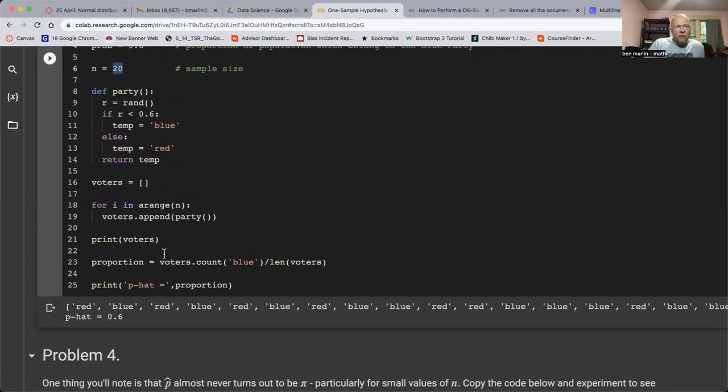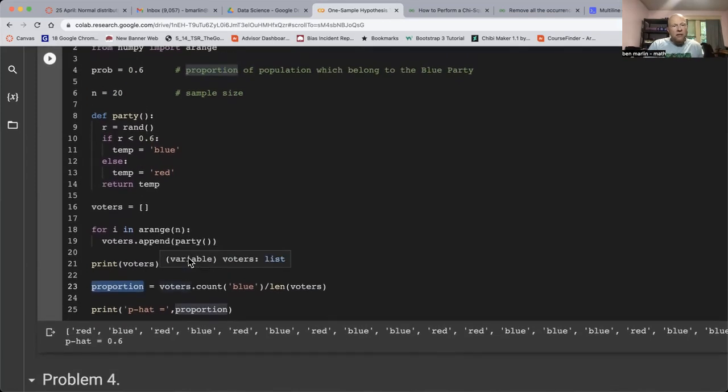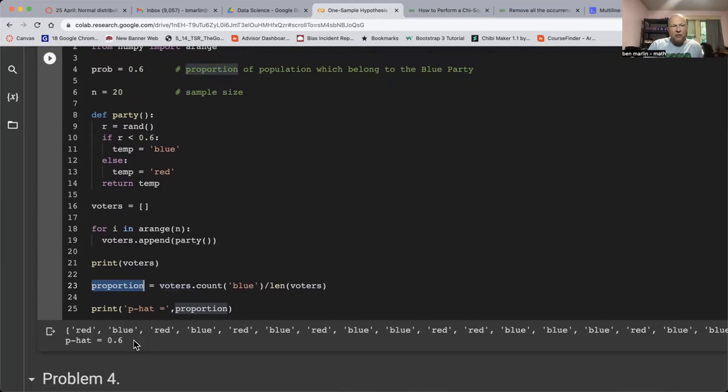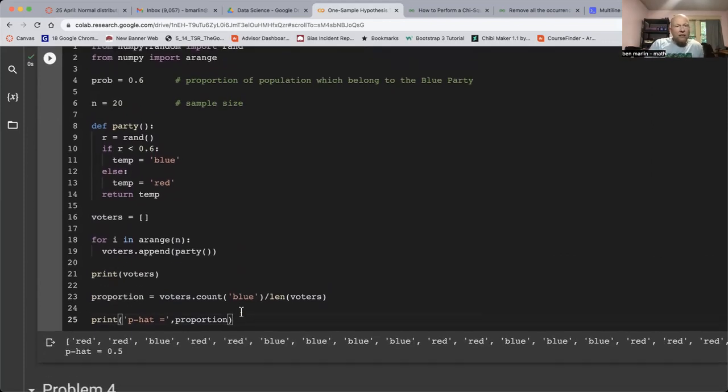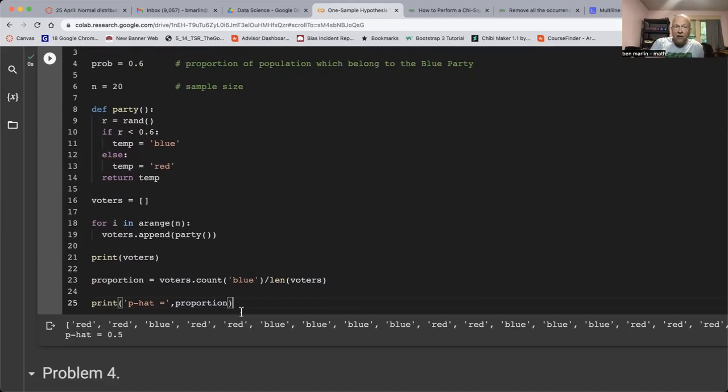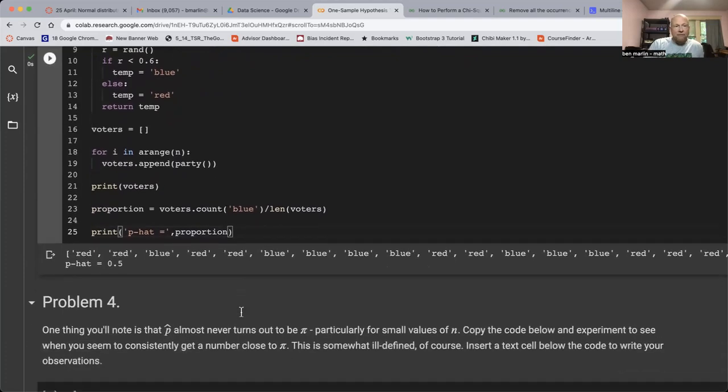If we do this and get the proportion, remember it's the proportion in our sample, not the population, then we'll see these numbers come out here. In this particular data run, I got exactly 60%. Let me execute it again and see if we get it again. The next time I did the data run, I ended up getting 50%. Sometimes I might get 65%, but it's going to bounce around a little bit.